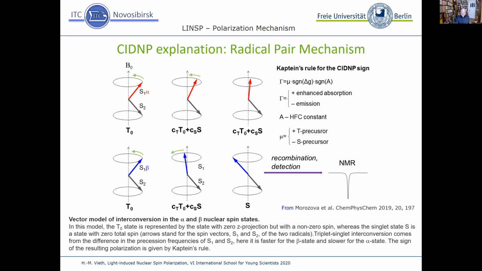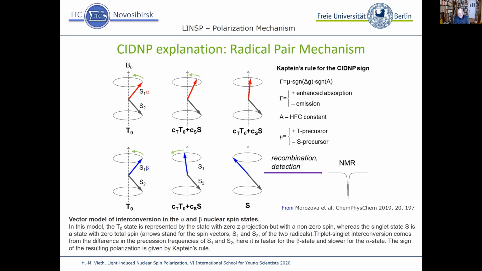And this means that for all molecules with the beta nuclear spin polarization, the intersystem crossing rate is bigger, is faster than for those molecules in the alpha nuclear spin state. So the blue spins are reacting faster, and in the product of the reaction, you see more nuclear spins in the beta state than in the alpha state.